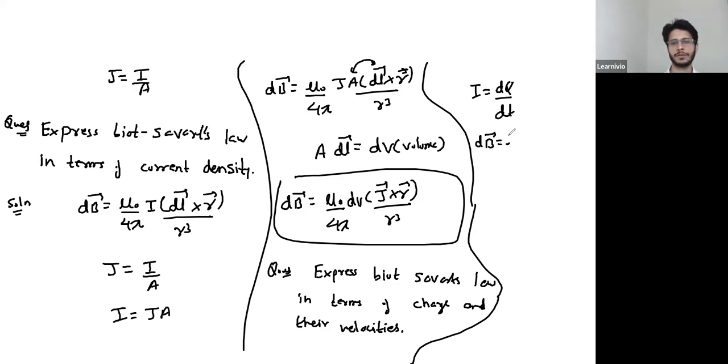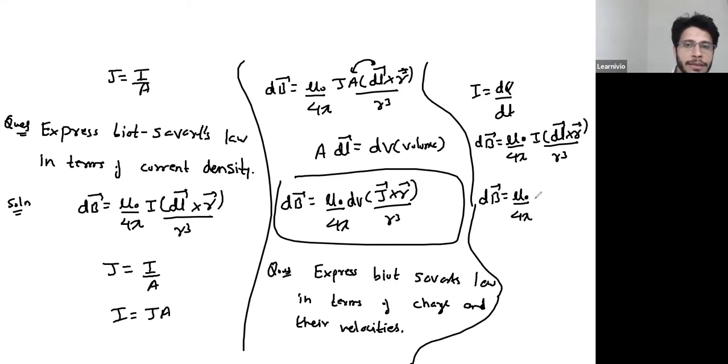This is your Biot-Savart's law. Mu naught over 4 pi, it's I dl cross r over r cube. How much is I? If I substitute I as dq over dt here, your magnetic field comes out to be mu naught by 4 pi, it's dq over dt, dl cross r over r cube.